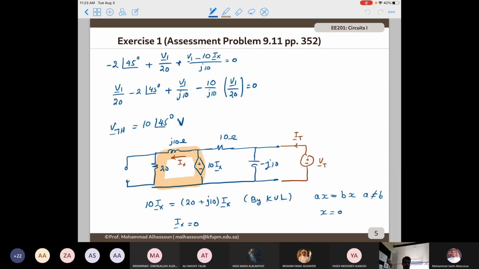So you will get 1 over 20, plus 1 over J10, minus 1 over J20. So this is the coefficient of V1. Then divide 2, the angle is 45, by this coefficient. Let's see if you can get V1. Okay, I'll try it. Okay, so you can find this problem is actually in your textbook.